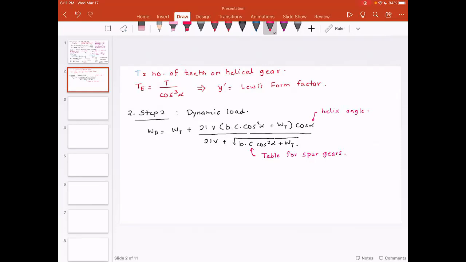Now, next step, which is step 3. In step 3, we have to find out the static tooth load.